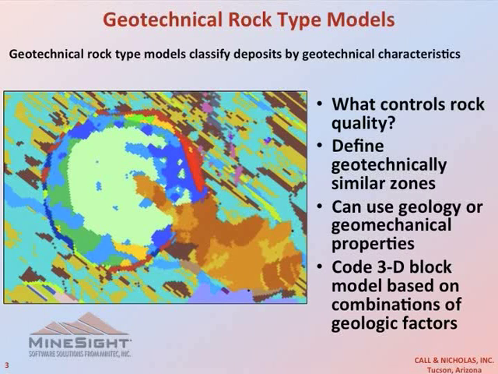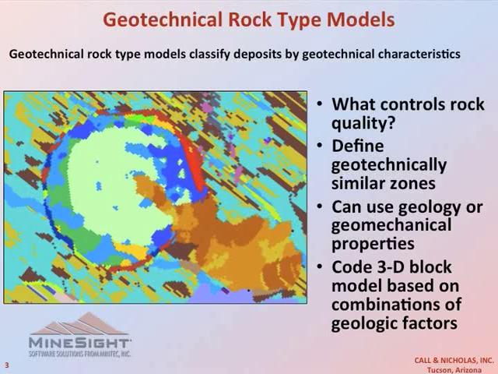Sericitic alteration along with some rock type is going to behave differently than another alteration. So the first thing that we're really trying to find out is what really controls the rock quality. Is it alteration? Is it the actual rock type? What's actually controlling what that rock's going to do?